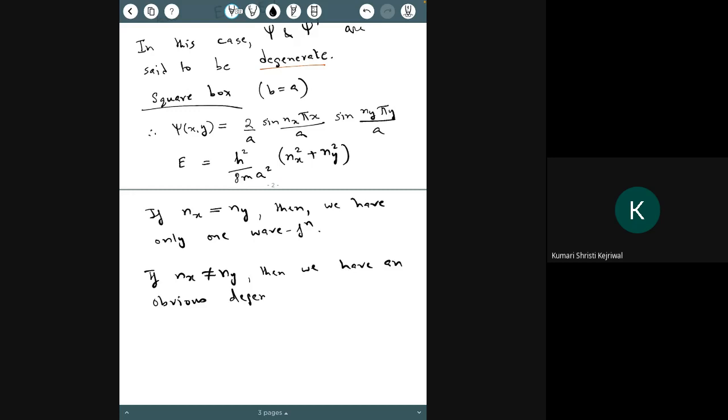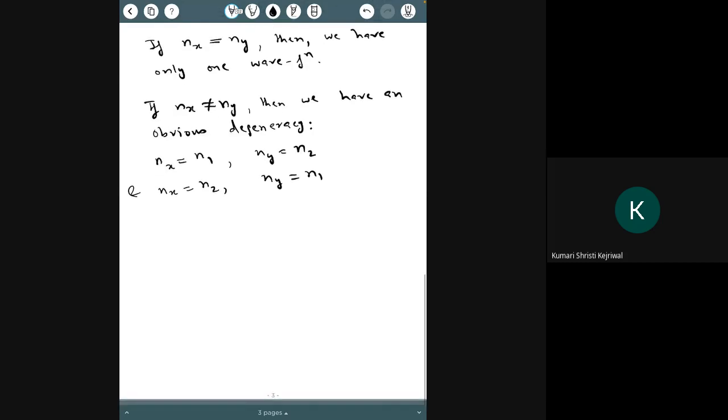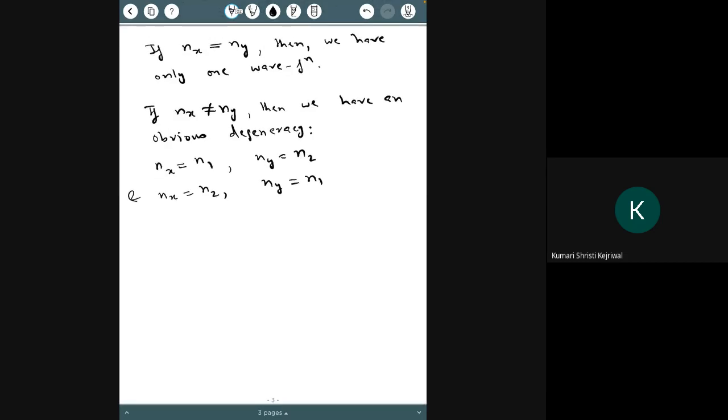Which is just reversing nx and ny. So let's say nx equal to n1, ny equal to n2. This is one set. And nx equal to n2, ny equal to n1. So this is sort of like an obvious degeneracy, just between interchanging the two directions, x and y.